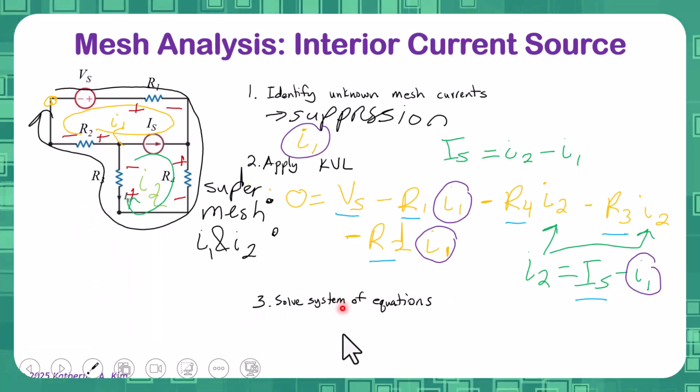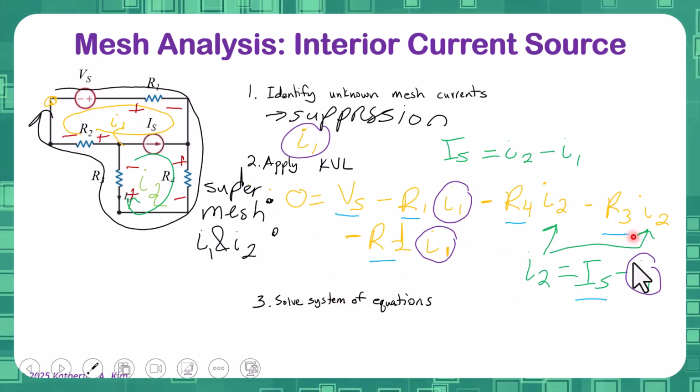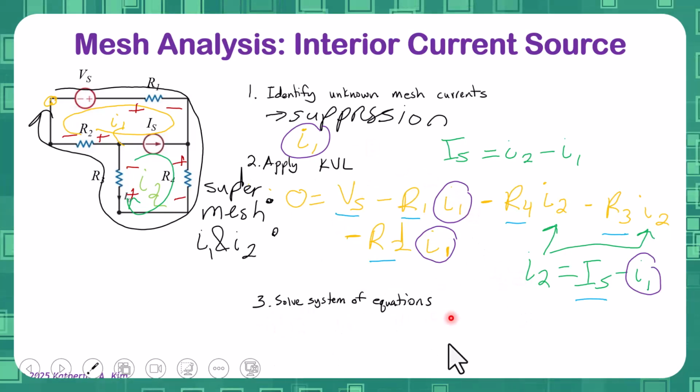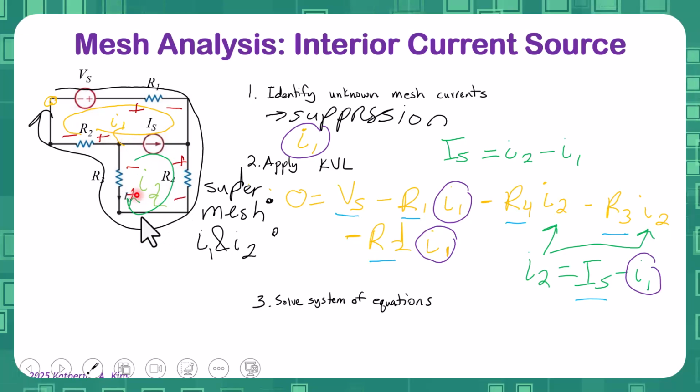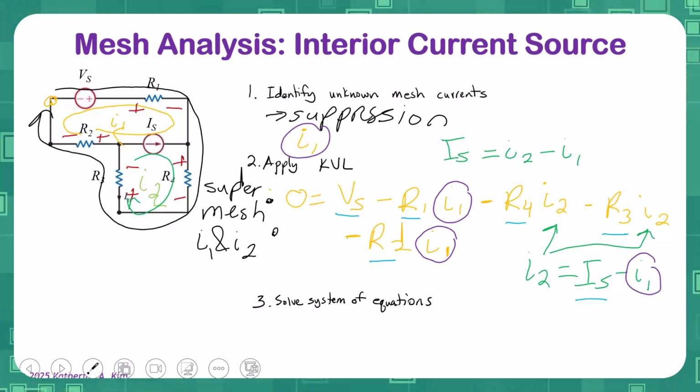We just solve it like a math problem, and you'll have to substitute them in, but I'm just showing you the process. Then it becomes a math problem and you'll be able to find I1. Once you know I1, you can use this equation to find I2, and you can define all the voltages and currents in the circuit to figure out whatever voltage or current you're looking for.